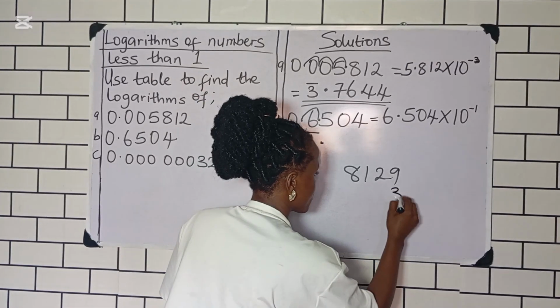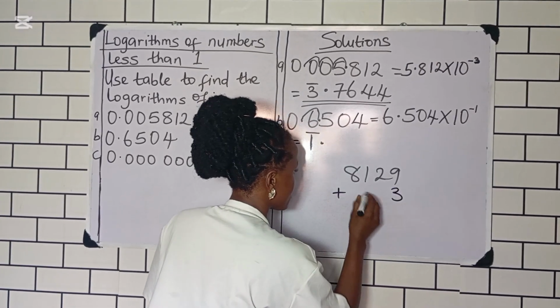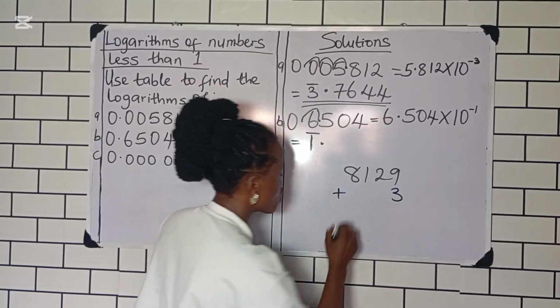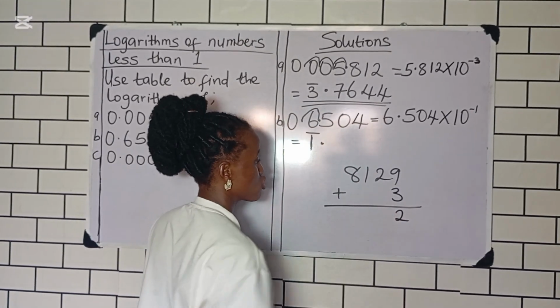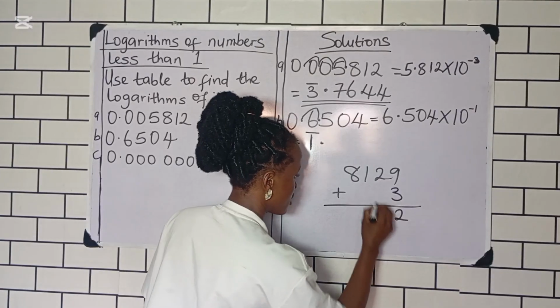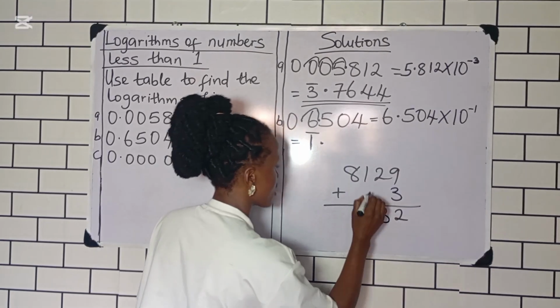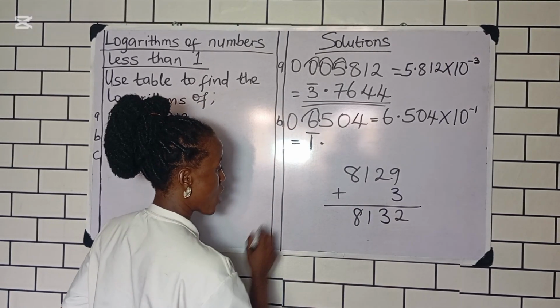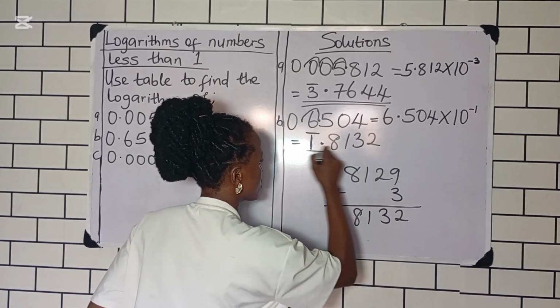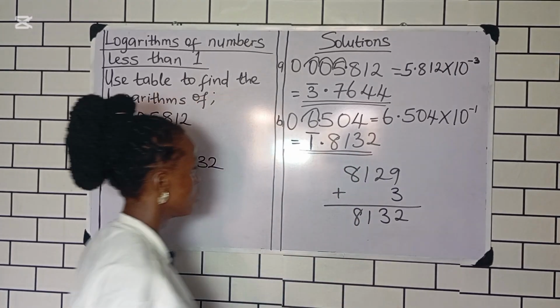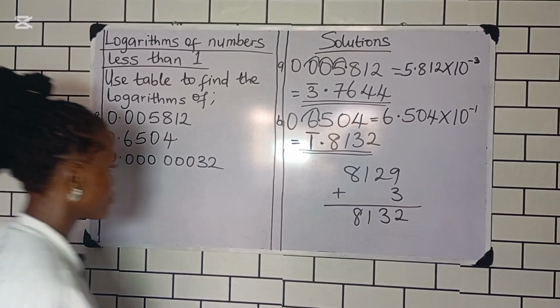You write 3 under your last digit. You add 9 plus 3, which gives us 12. You write 2, carry 1. That 1 you carry, add it to this 1, you have 2. Write 2, bring down 1, bring down 8. Now we're going to have bar 1.8132. This is our final answer for question number 2.